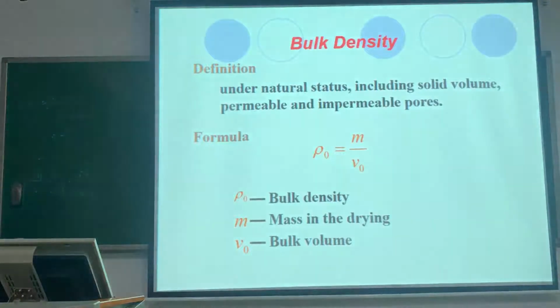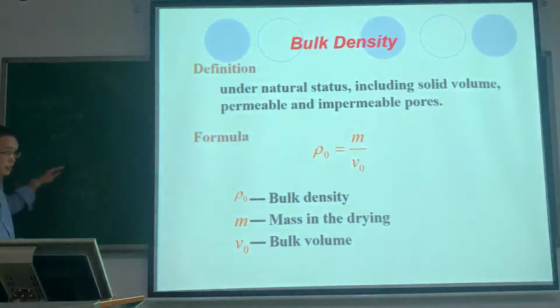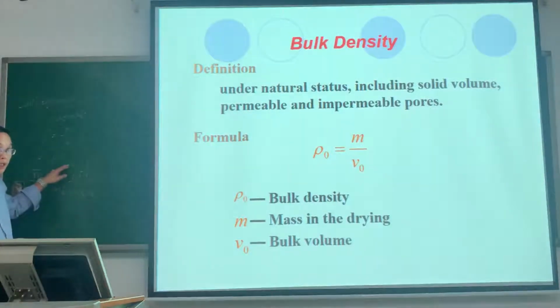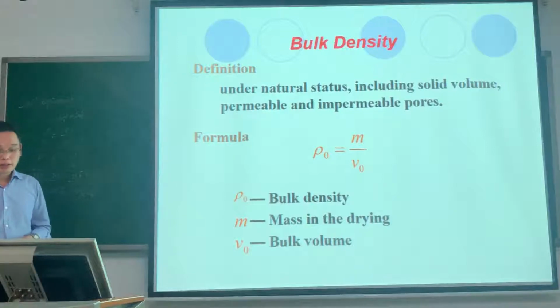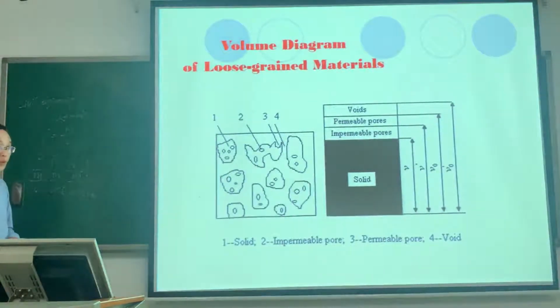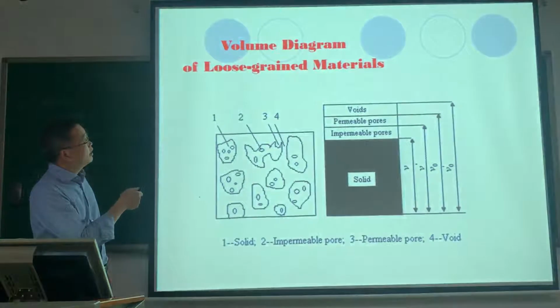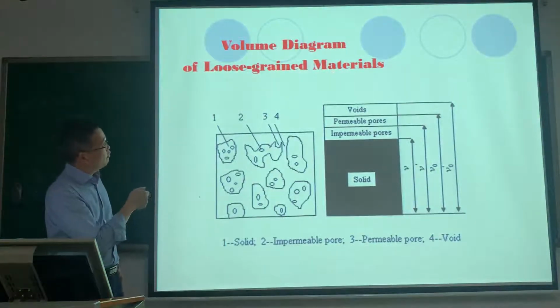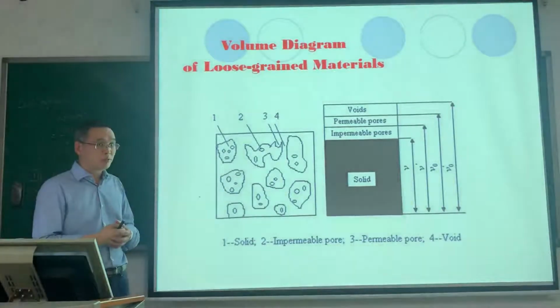About these three kinds of density. Besides these three kinds of density, there is still the fourth one. The fourth density. So what is the fourth density? We call it the loose density, for loose grain materials. What are loose grain materials?